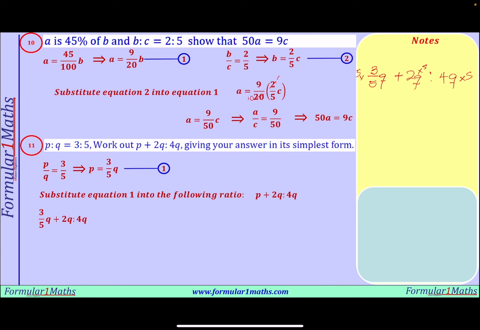So by doing that, I can cancel out this one to get 1 and 1 here. And so the whole equation becomes 3Q plus 10Q to 20Q. Simplify that, get 13Q to 20Q. Then we can divide through by Q to get our simple ratio 13 to 20.